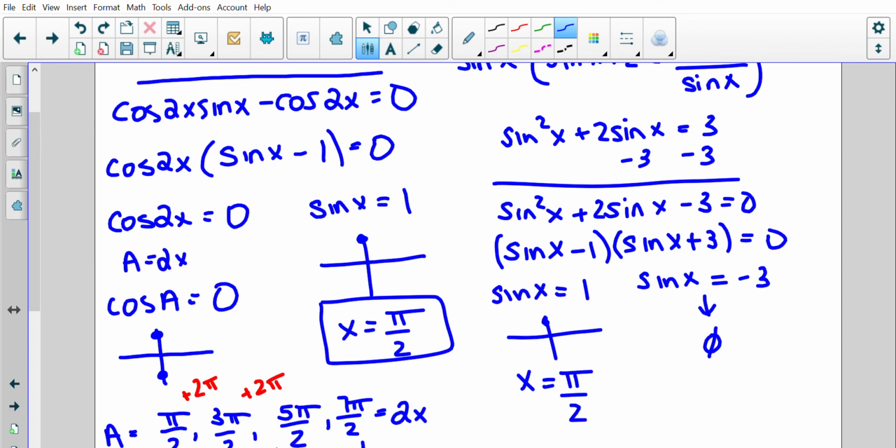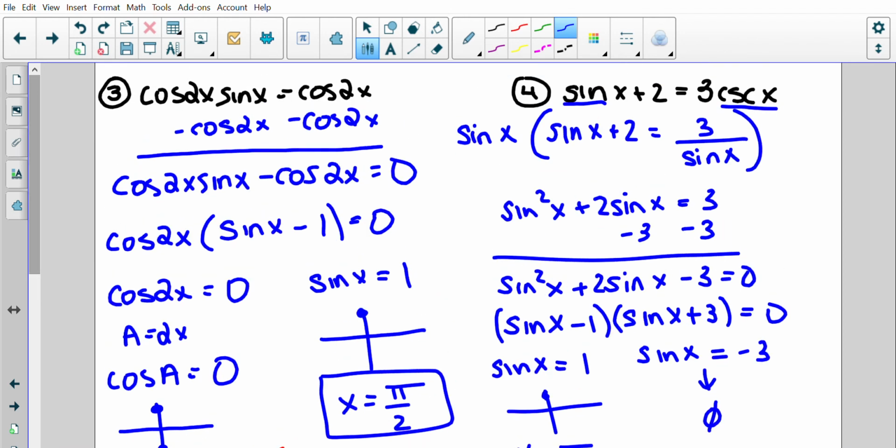However, that's going to be an answer that I want to double check because in my original, I'm given cosecant of x, which is the same thing as 3 over sine of x. So long as the answer that I get down here doesn't make this denominator 0, then I'm fine, which I know it doesn't because I would just solve for when sine x equals 1.